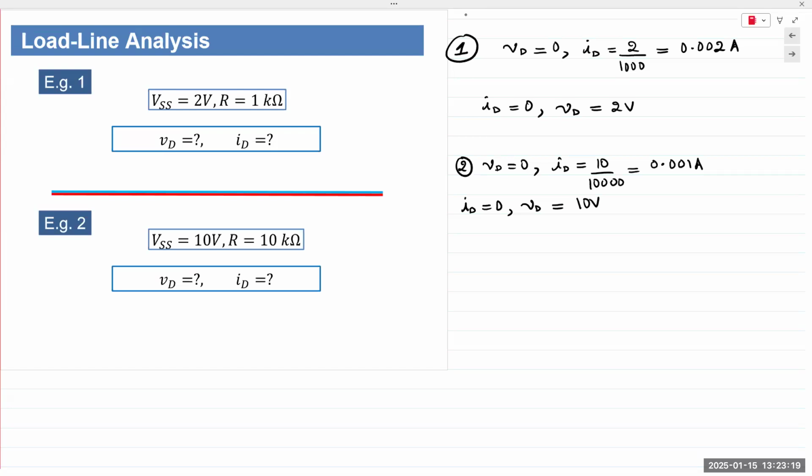So let's plot these two load lines. Let's say 0, 1, 2, 3, 4, 5. Let's say here.